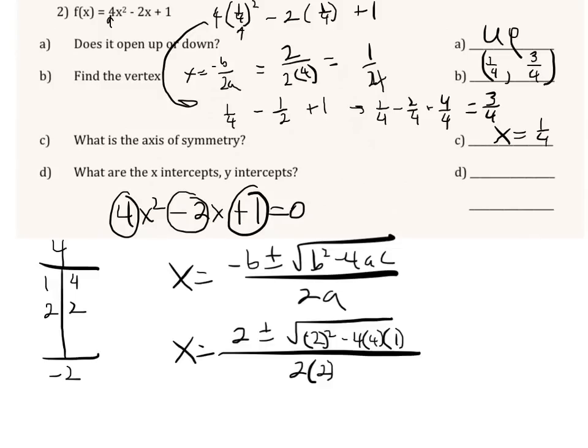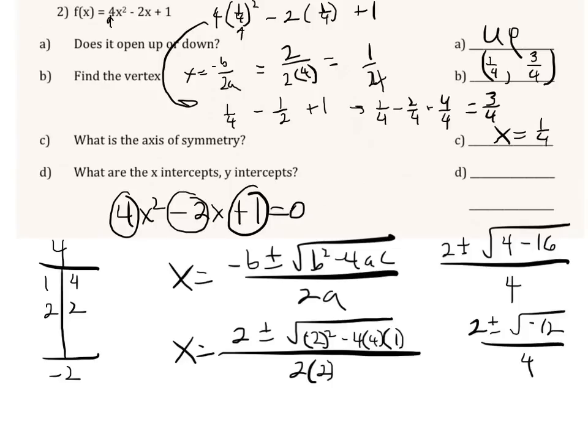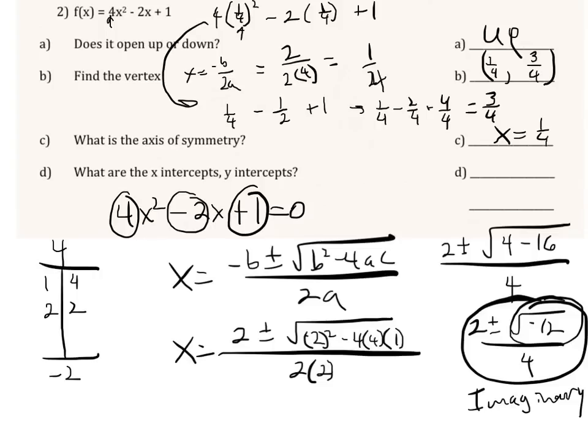And we simplify this. We get 2 plus or minus square root 4 minus 16 all over 4. So we end up with 2 plus or minus square root of negative 12 all over 4. And what we start to see is that I have a square root of a negative. That means that this entire thing is going to be imaginary. So there won't be any x-intercepts.